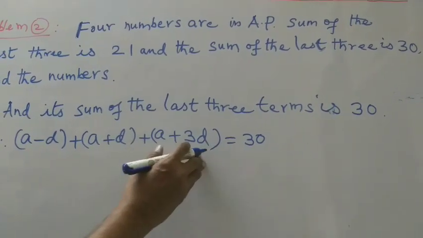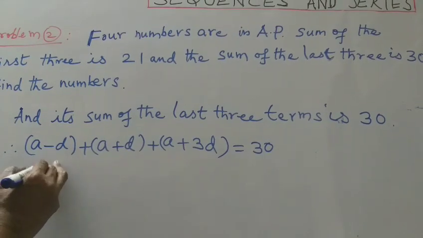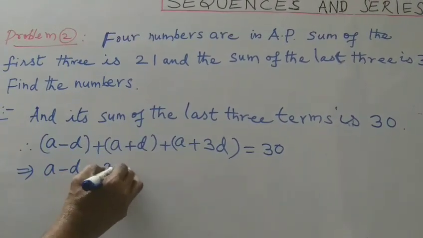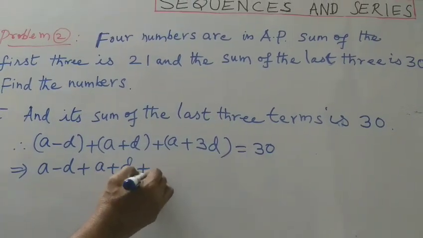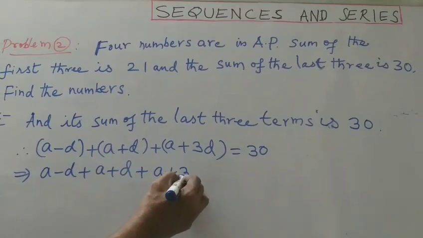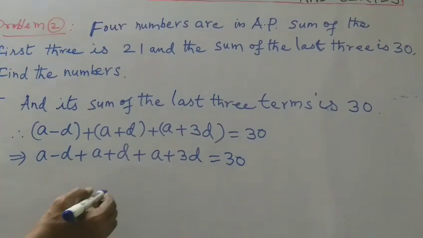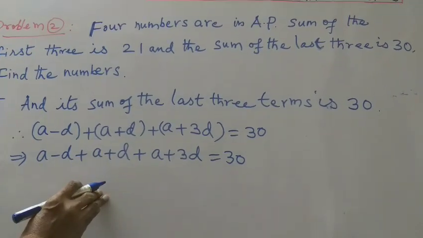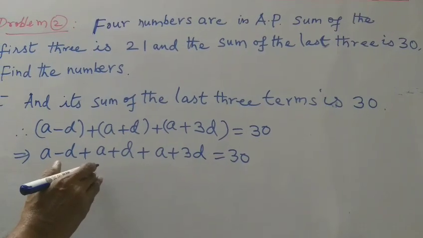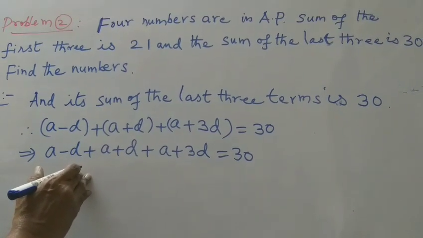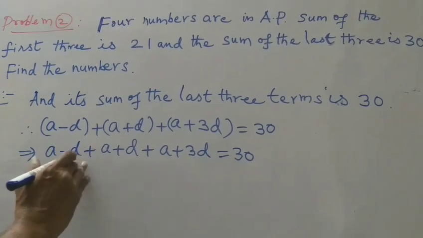On expanding these 3 brackets, we have a minus d plus a plus d plus a plus 3d is equal to 30. In this, the like terms are minus d and plus d.